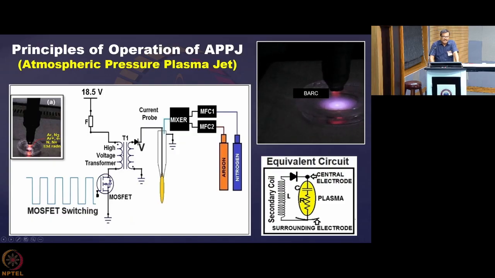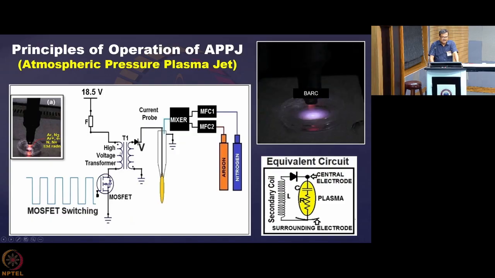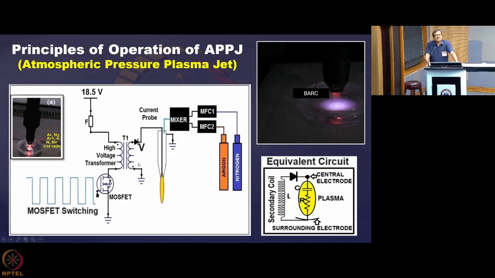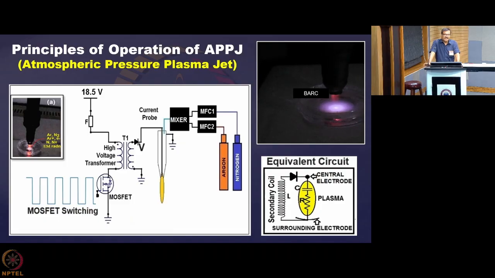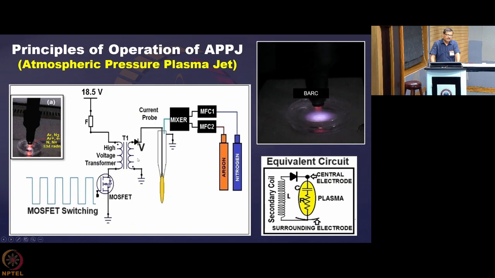From primary to secondary, this is a transformer, this is a primary coil and this is the secondary coil. In the secondary coil, the EMF induced becomes very, very high. How much? It is of the order of say 5 to 10 kilovolt. That is the range the EMF is getting generated because of this fast switching.